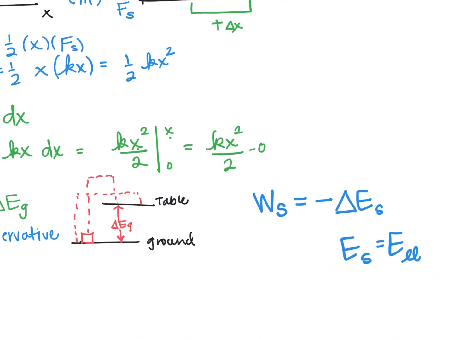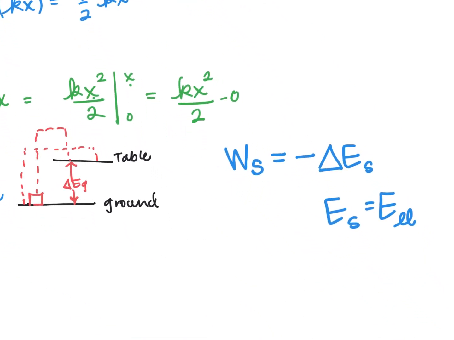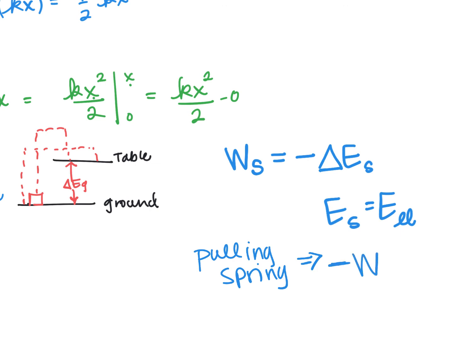So let's look at this. As we pull the spring, pulling the spring causes there to be negative work done by the spring force. The puller is doing positive work because the pulling force and the displacement were parallel to each other.